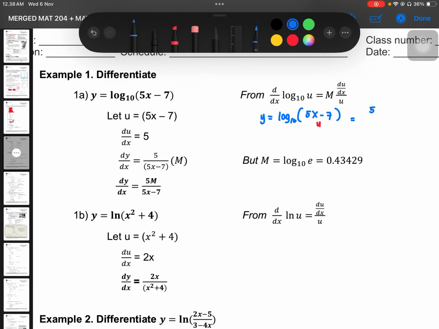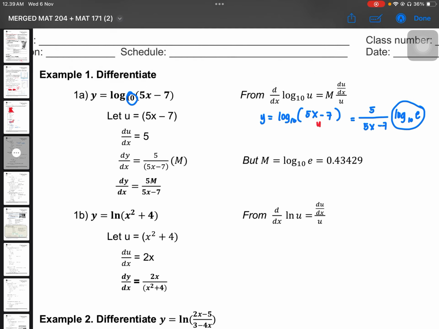It is 5. Over, sulat mo yung mismong u, which is 5x minus 7. Then, again, logarithm daw ng e to the base. Ano yung base natin? It is 10. So, sulat lang natin. But, again, logarithm of e to the base 10 is equal to m. Okay? So, kung ito ay equal kay m, papalitan lang natin siya ng m.